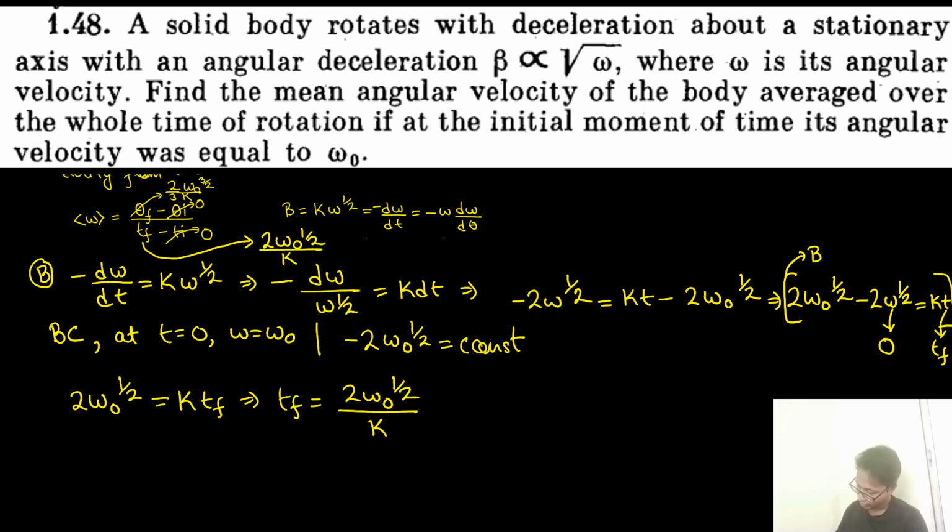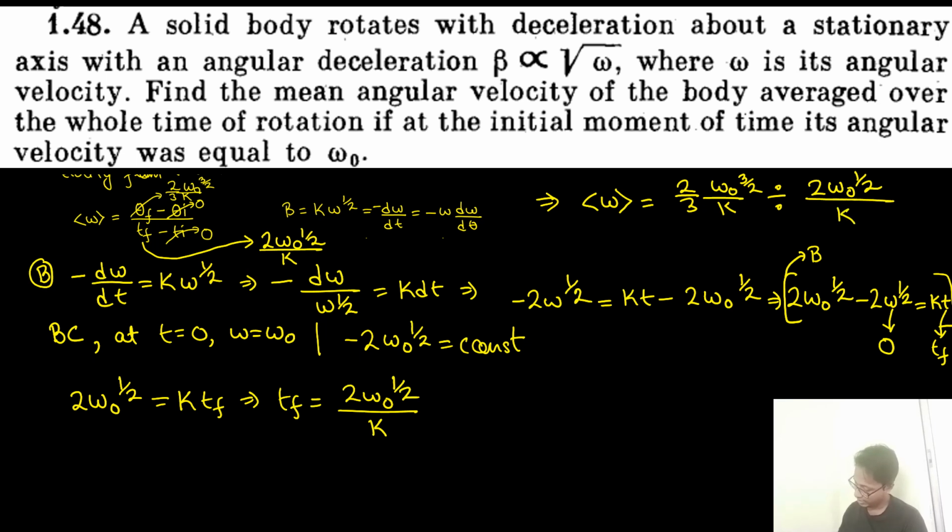So if I solve this equation, average angular velocity is equal to 2 by 3 omega naught by k to the power 3 by 2 divided by time final minus time initial, or time initial is equal to 0, which is 2 omega naught to the power 1 by 2 divided by k.